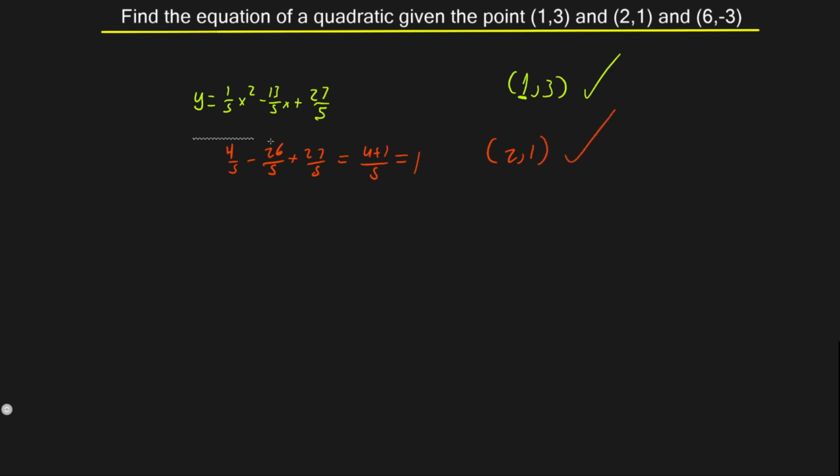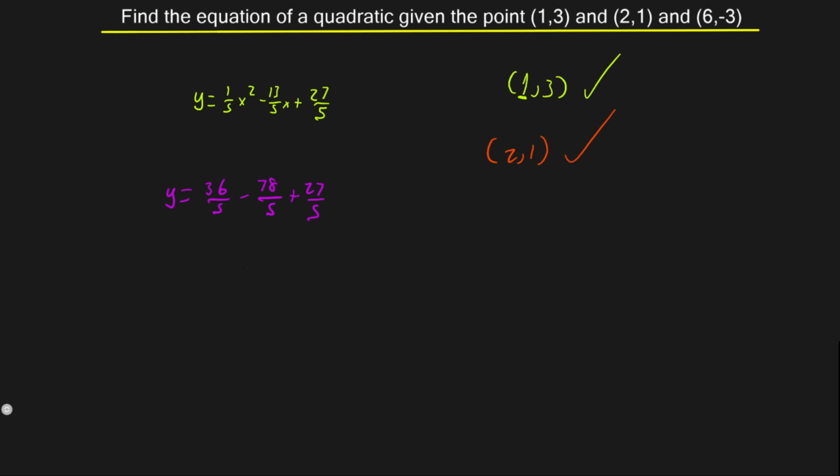Now we're going to see if that point does indeed satisfy our equation. And we're going to have y is equal to 36 over 5 minus 78 divided by 5 plus 27 over 5.